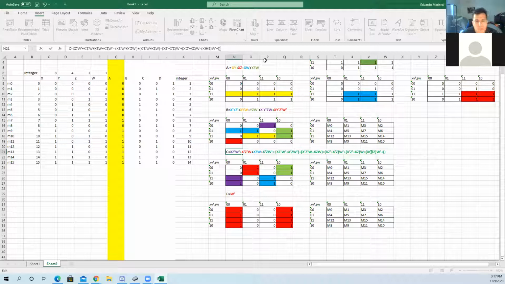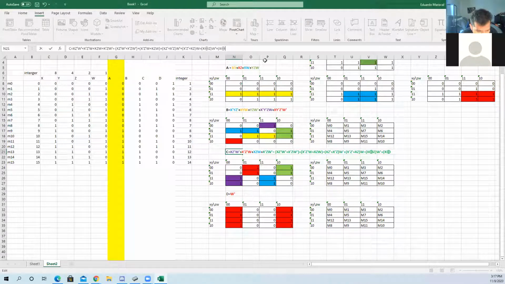It's supposed to be something like this. X not Y, X. Did I use a Z or the one?